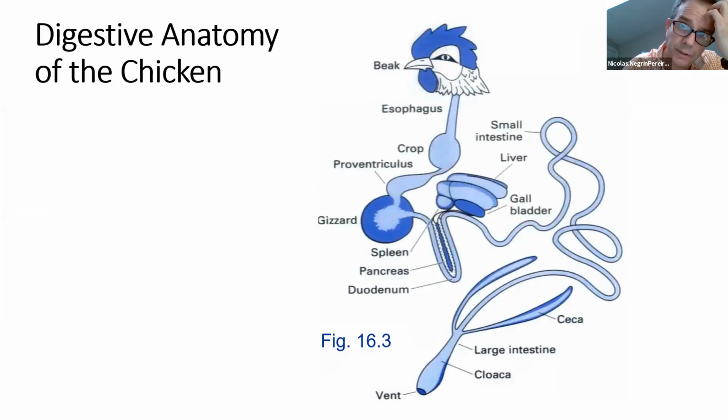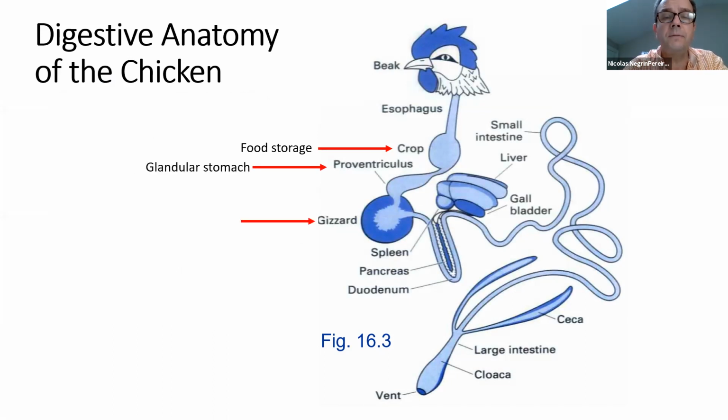And in the case of birds, things change quite a lot because it's a completely different digestive tract, characterized by the presence of a crop where mainly food storage takes place, followed by a proventriculus, sometimes referred to as a true stomach or glandular stomach, followed by the gizzard, which is a kind of food grinding pouch.